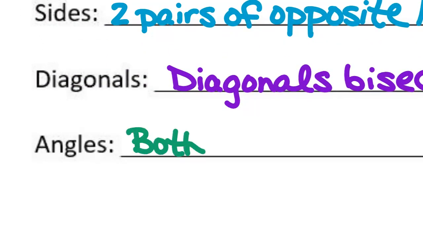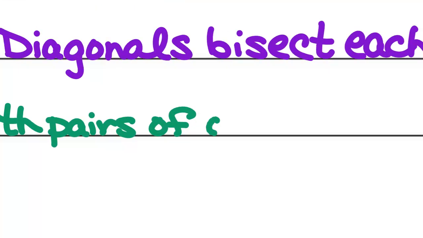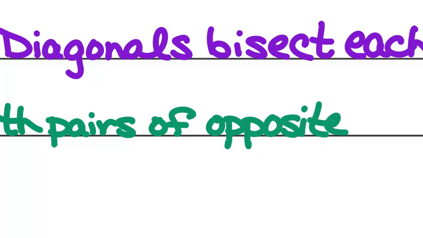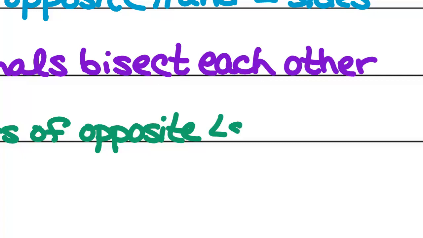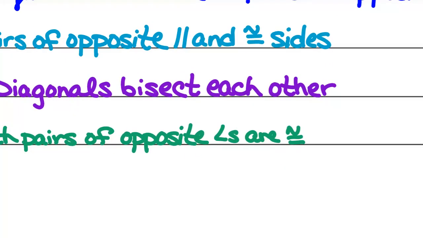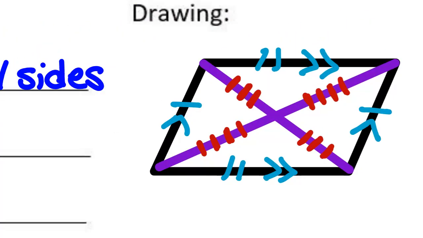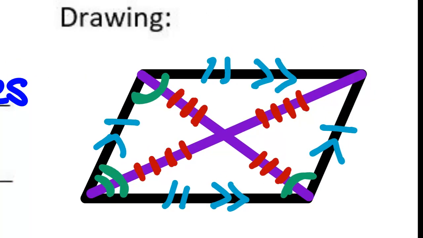My angles, both pairs of opposite angles are congruent. So this angle up here is congruent to this angle down here, and the lower left is congruent to the upper right.